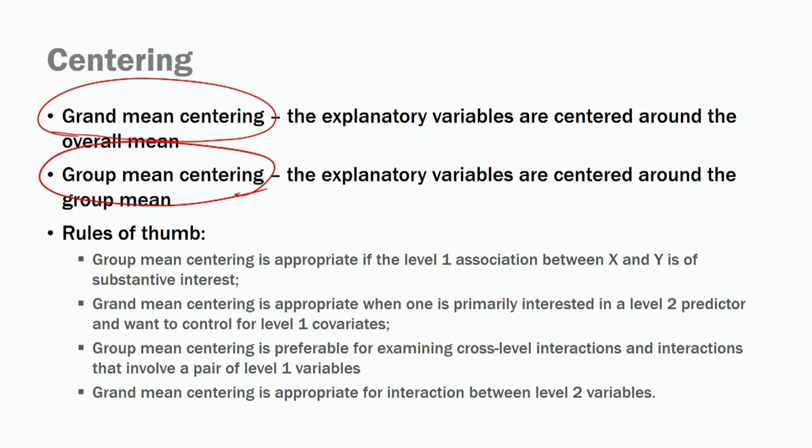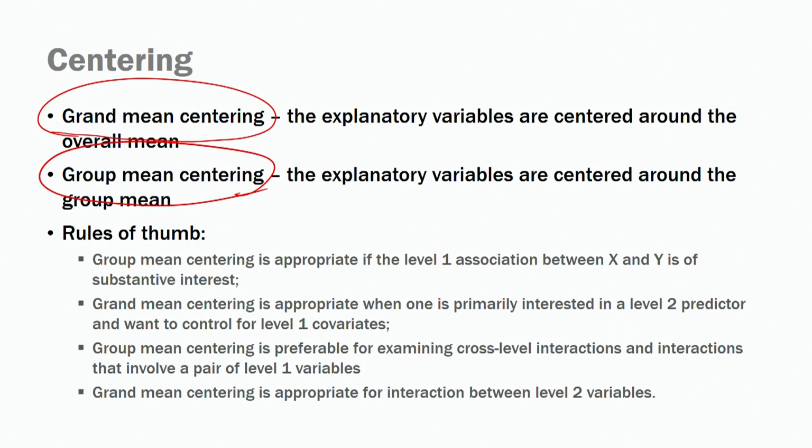With group mean centering, you get the mean of each one of those 20 departments, and your variables in that department are centered based on the mean of that particular group, that particular department. That gives you different information. You have to interpret the results differently based on how you centered your variables.